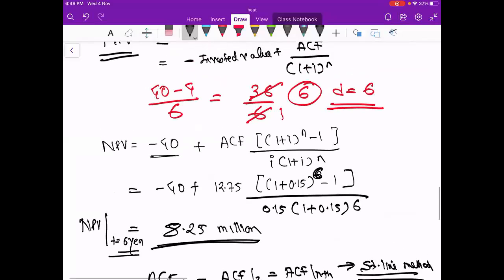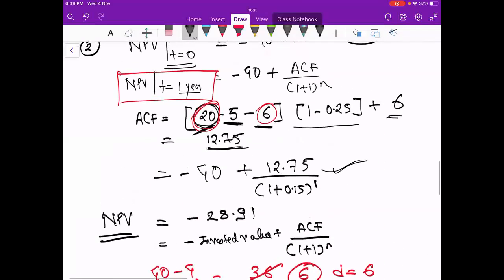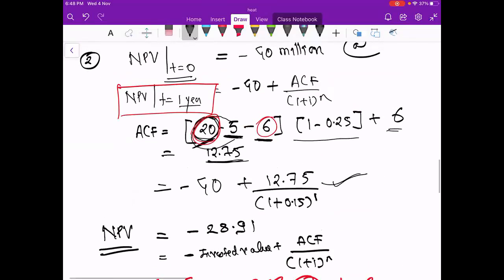Naveen Kumar, in ACF I have taken 20 minus 5. Where have I written directly 20?